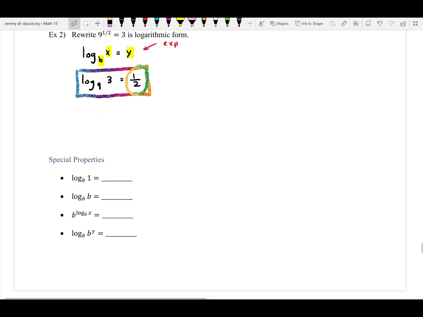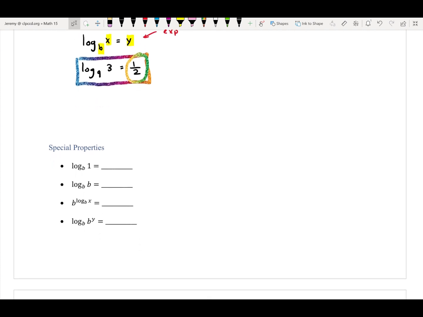Okay, looking at a couple of special properties down here. Since these logarithmic functions came from exponential functions, it's the same base b, so we have those same conditions.